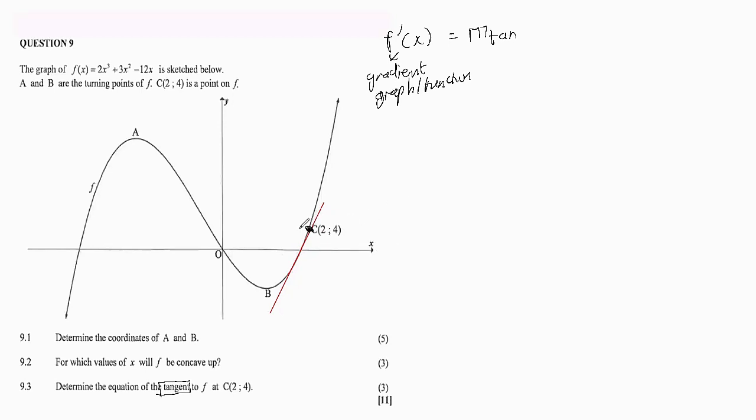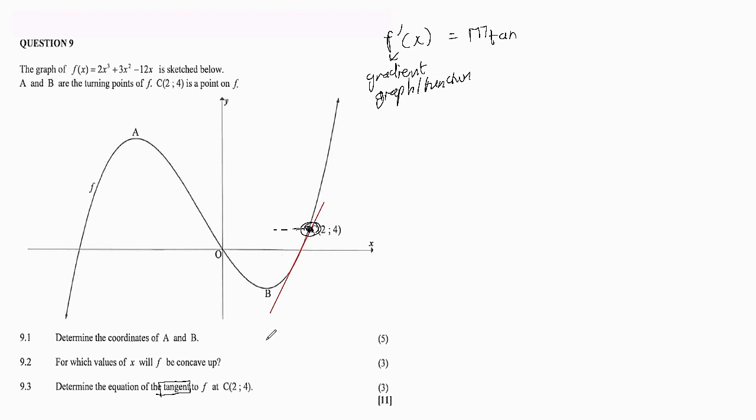If we calculate the gradient of f of x, the cubic graph, the curve, at this point, then we do understand that the gradient at this point will be equal to the gradient of the tangent, because remember, that's the point of contact. So the gradient of the cubic function at that particular point is equal to the gradient of the whole tangent.